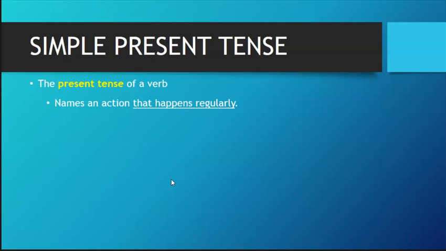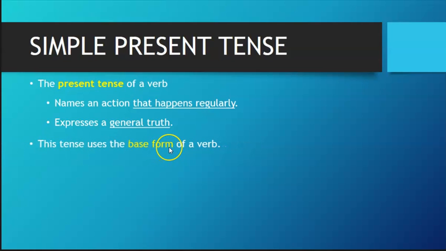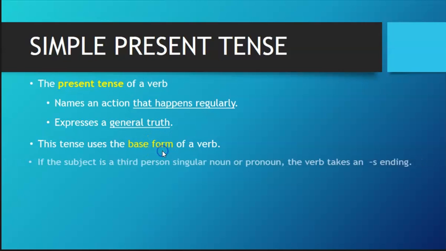I am talking right now. That is not present tense. That's a different tense. So present tense is an action that happens regularly, or it expresses a general truth. It uses the base form of the verb. It does not use the present participle. It does not use ing.